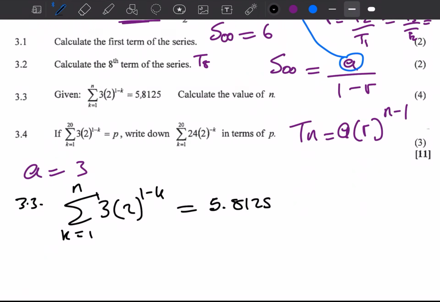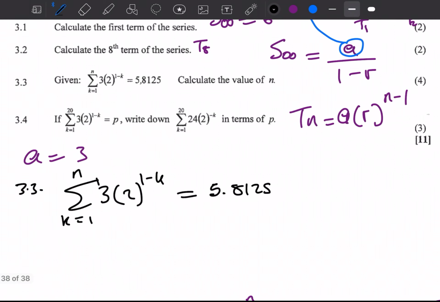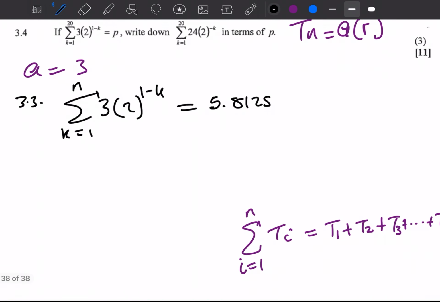Unless, like 3.4, I'm going to show you that there's necessarily no need for you to make it a series, because the question is asked differently and you're calculating something different there. But if you have to calculate stuff like the value of n in 3.3, make sure that you expand your sigma notation into a series. So how do you do that? Remember, sum of Ti from 1 to n is basically T1 plus T2 plus T3 till Tn.